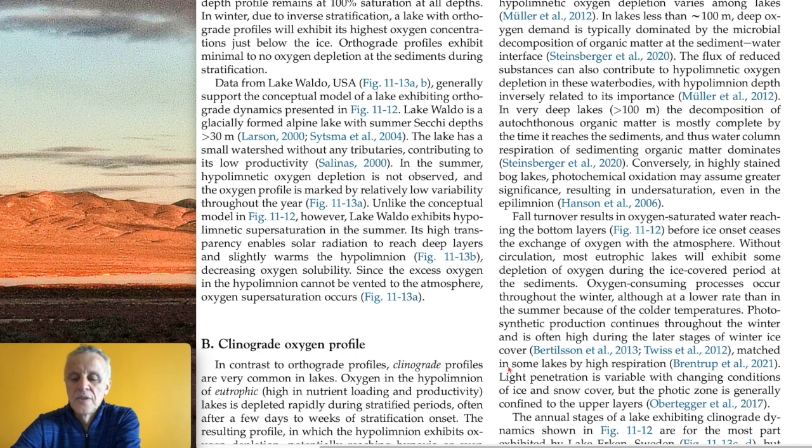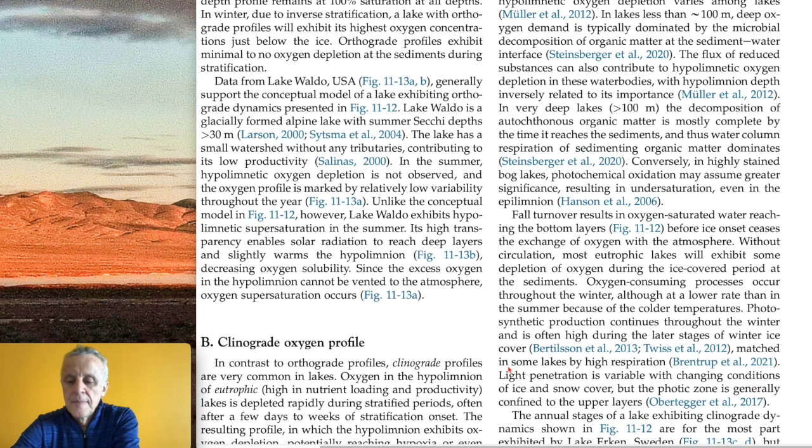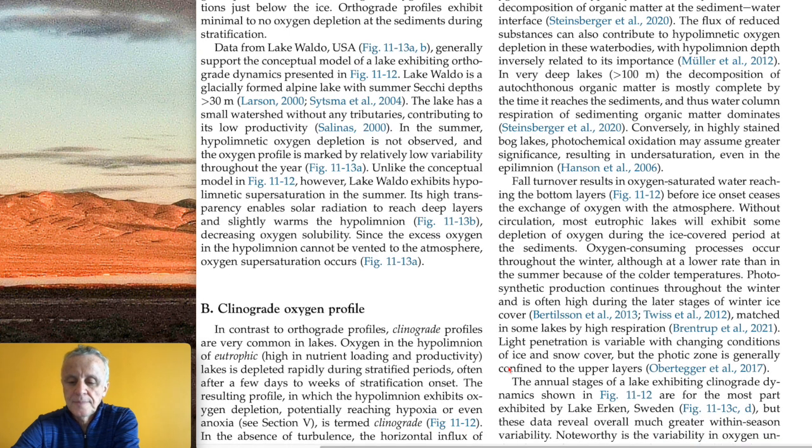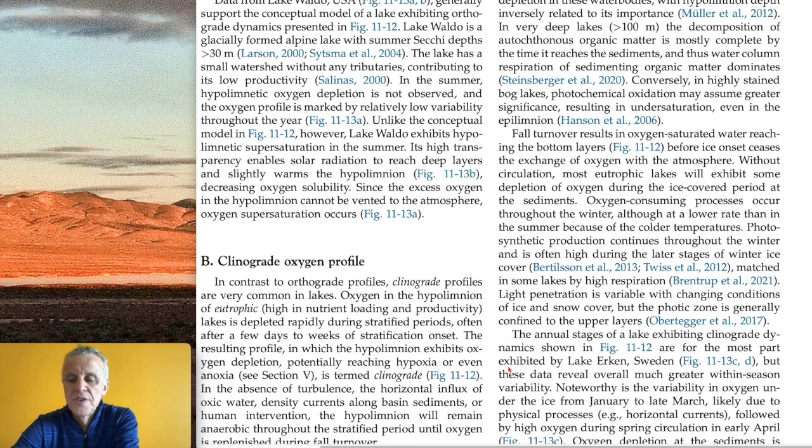Photosynthetic production continues throughout the winter and is often high during the later stages of winter ice cover, matched in some lakes by high respiration. Light penetration is variable with changing conditions of ice and snow cover, but the photic zone is generally confined to the upper layers.